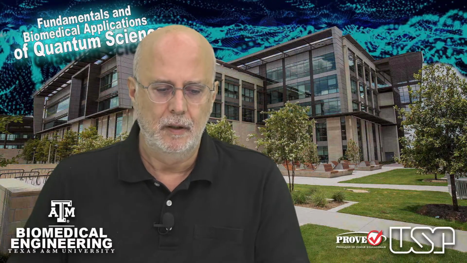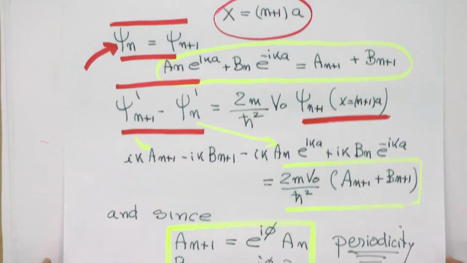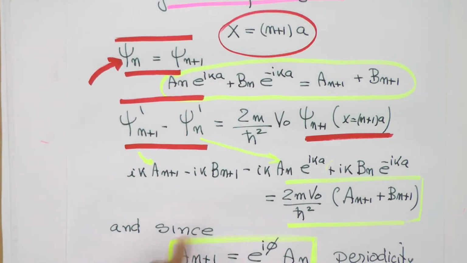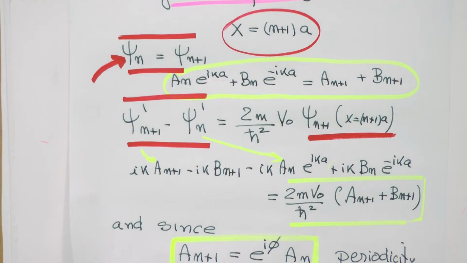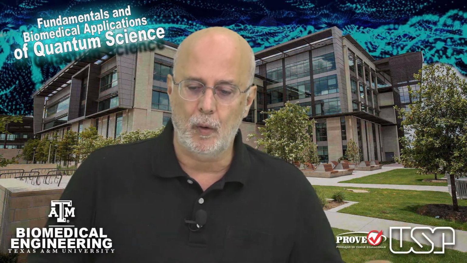Okay, so we take these two equations that we show here, right? The continuity of the wave function and the discontinuity of the derivative. And we impose the condition that comes from the periodicity.